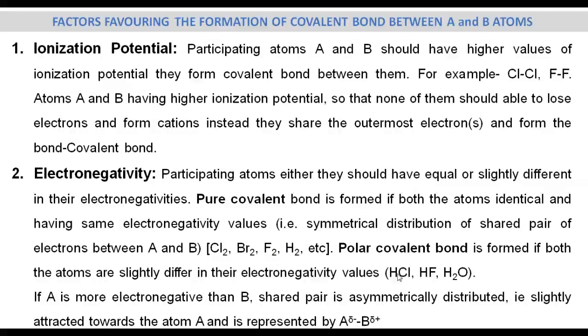This is represented by delta negative on the atom with higher electronegativity. For example, in HCl, Cl is more electronegative than H, so it has a partial negative charge and the hydrogen has a partial positive charge. This is how it is represented.